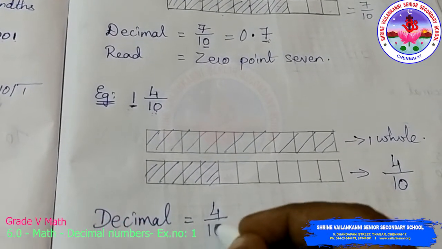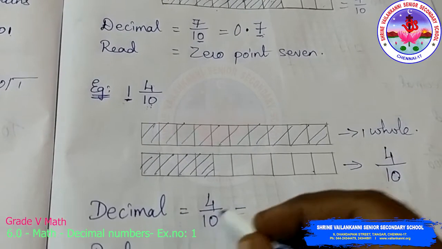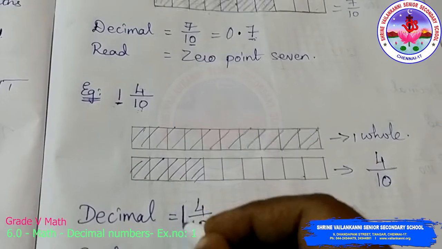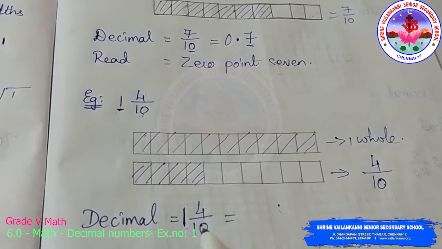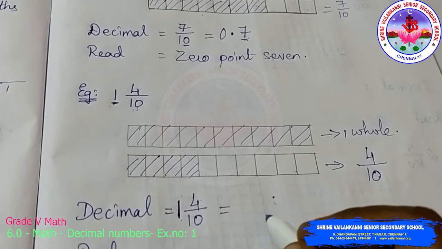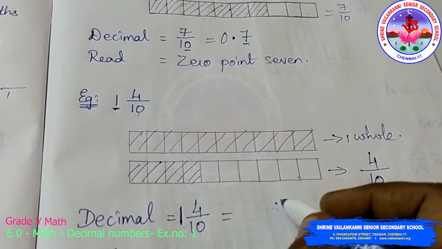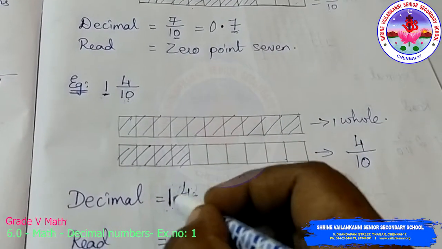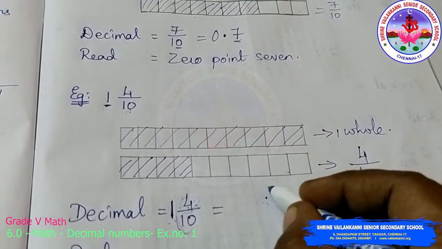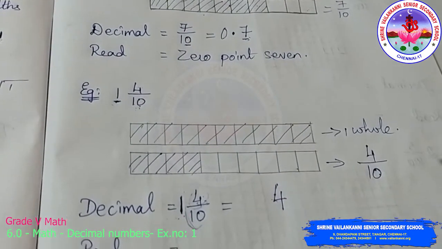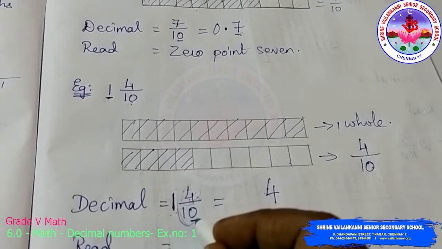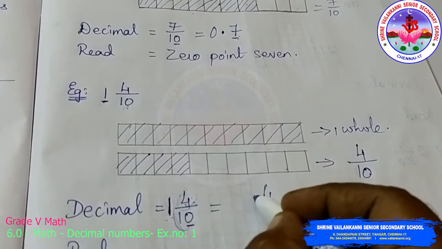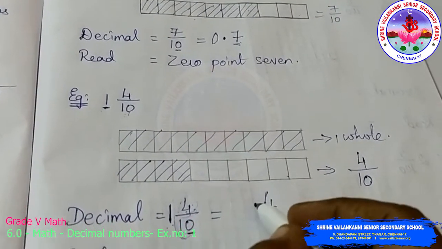Now this 4 by 10 we are going to convert to a decimal. So 1 4 by 10 we are going to write as a decimal number. First keep this whole number as it is. First we will convert this fraction. Numerator 4 I am writing first. With the denominator having one 0, from right to left one place moving, I am keeping the decimal.